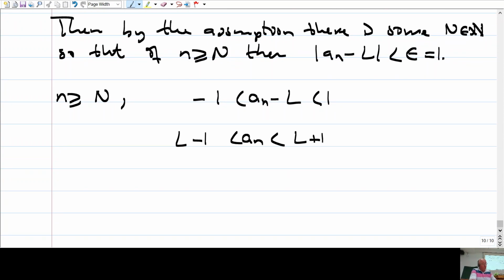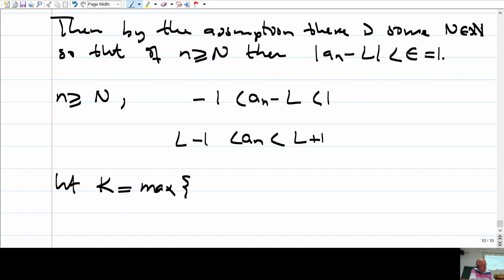So also the terms whose index is less than big N may be outside this interval. So I can choose the following. Let K be the maximum of all these numbers.